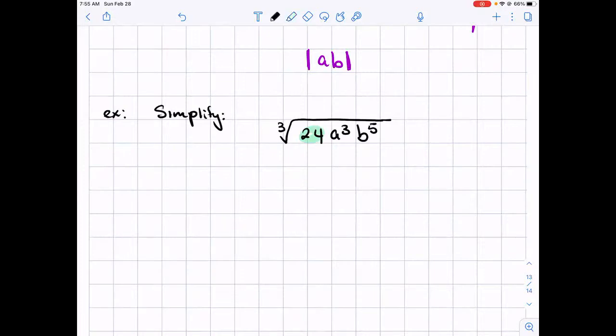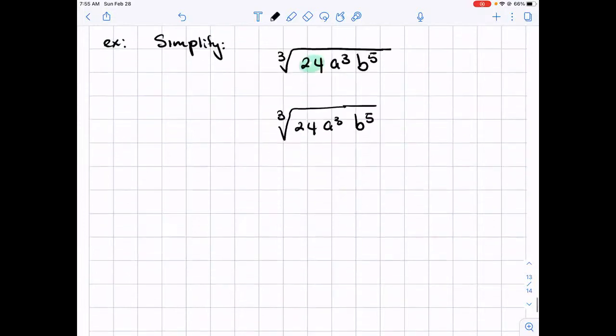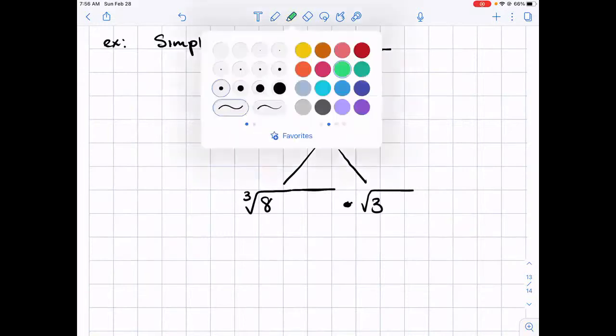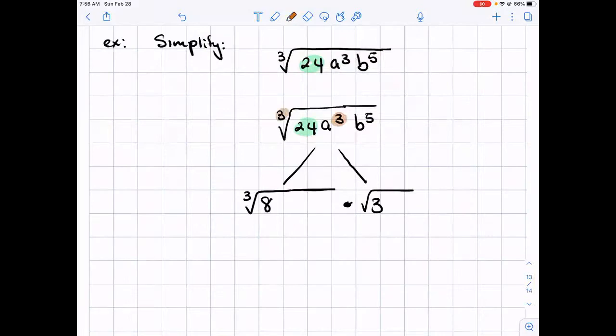So the cube root of 24 a cube b to the fifth, we're going to break it up into two cube roots, cube root times another cube root. And 24, I know the cube root of 8, so 8 times 3. A cube, 3 here, is divisible by the index 3. So we write the a cube.